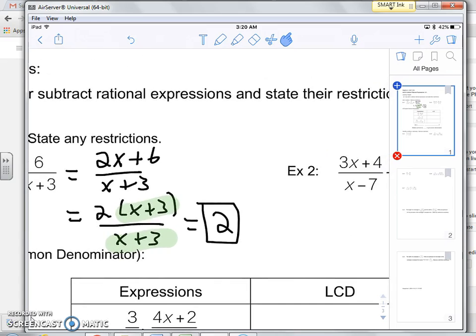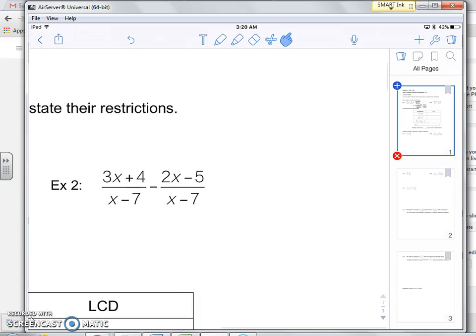So let's get example 2. We notice in example 2 that we have the same denominator again, so we're going to add and subtract the numerators. When I see this subtraction here, we are subtracting the whole numerator in the second expression. So instead of having a subtraction there, I'm going to change that subtraction to adding the opposite.